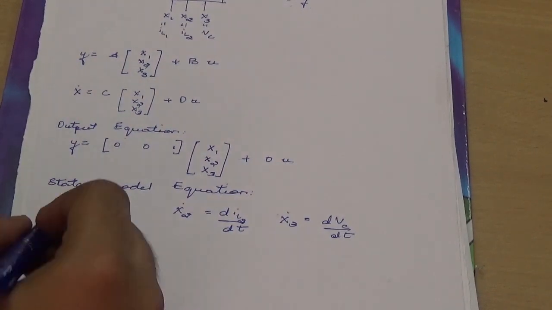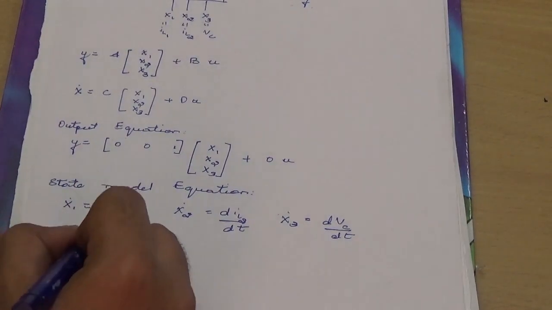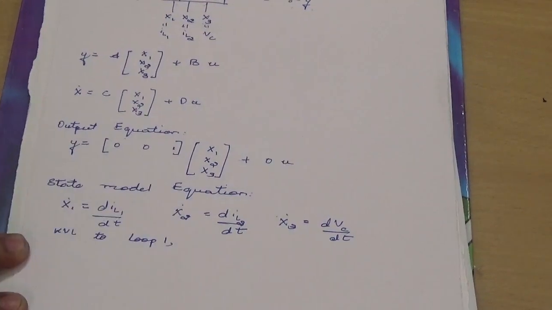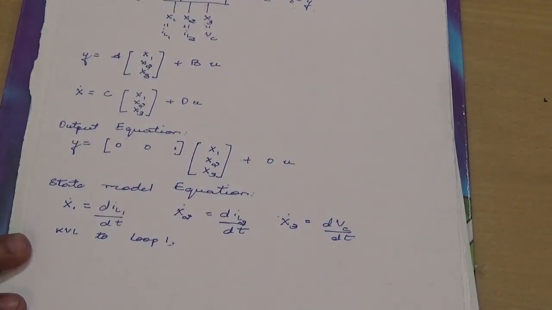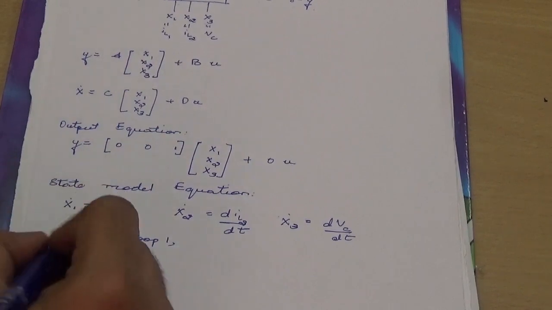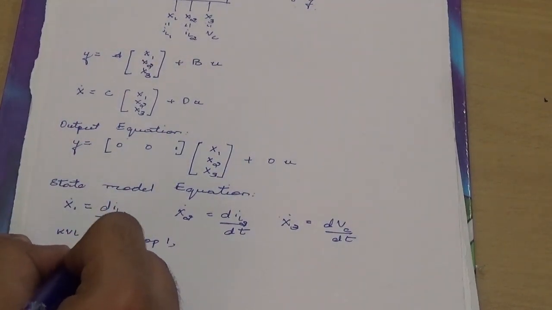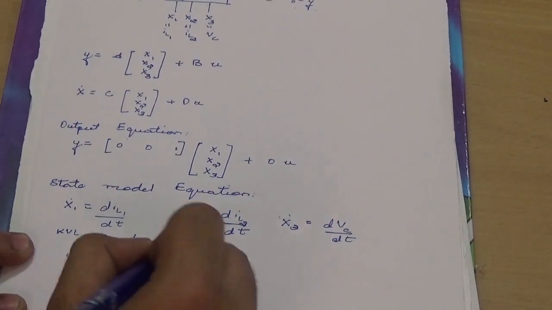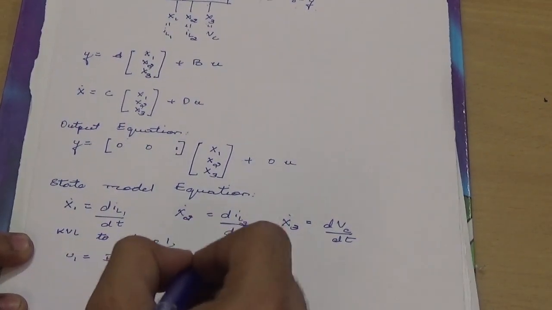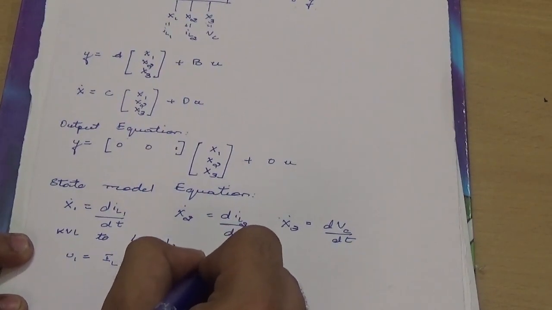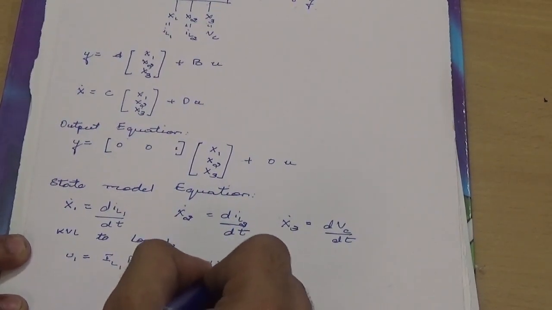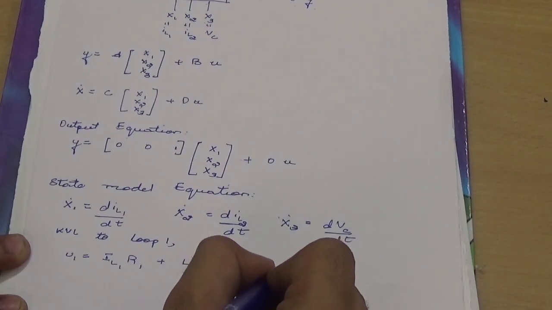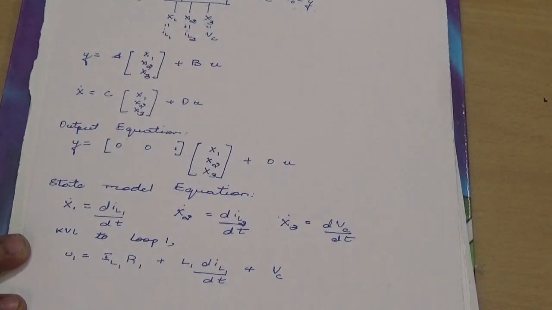Let us start by applying KVL to loop 1. If you apply KVL to loop 1, then you get U1 is equal to IL1 R1 plus L1 dIL1 by dt plus the voltage across the capacitor, which I represent by Vc.